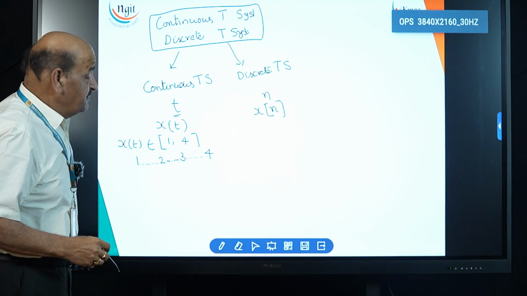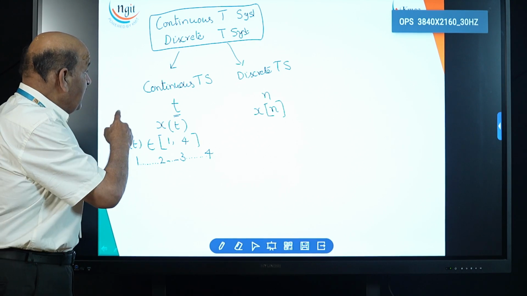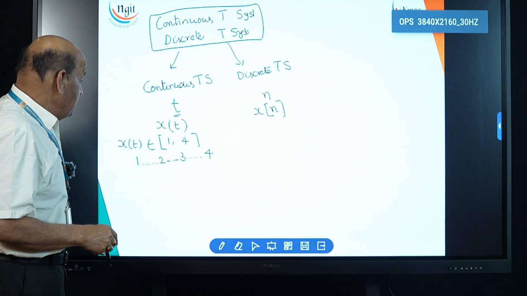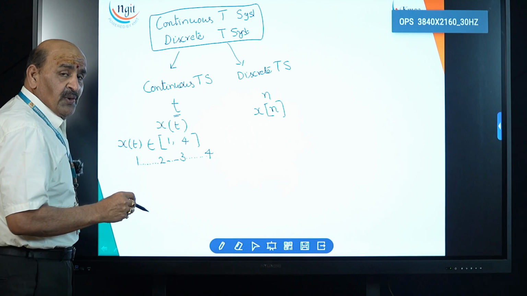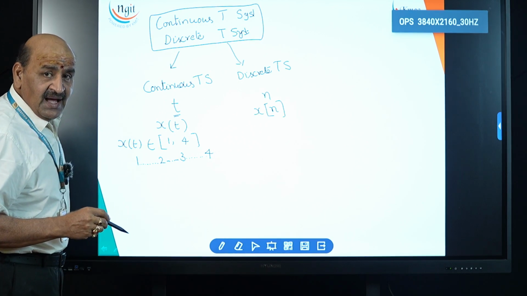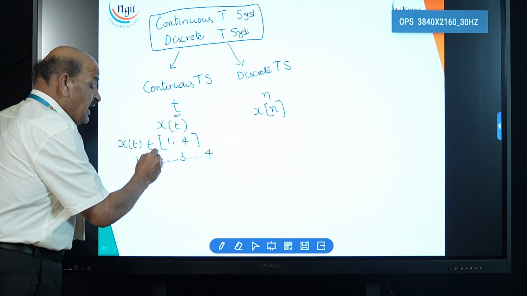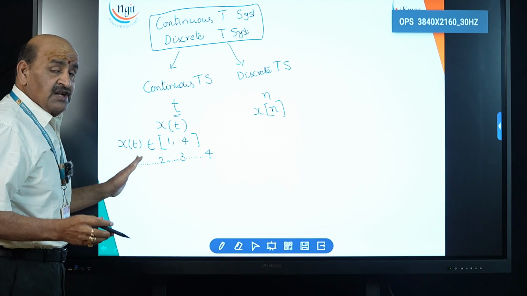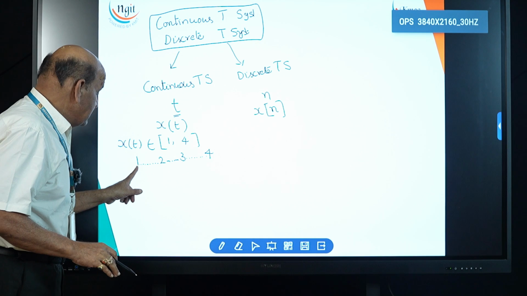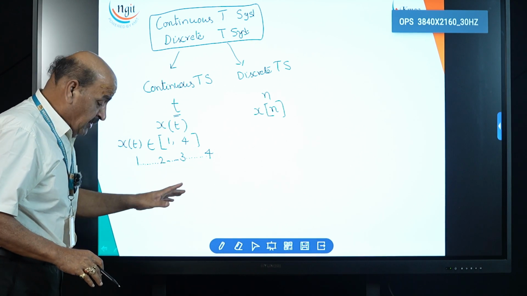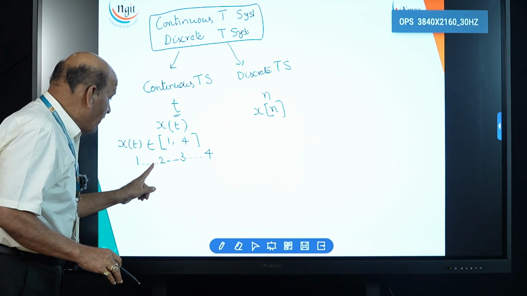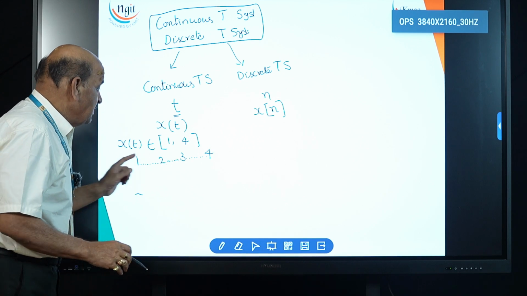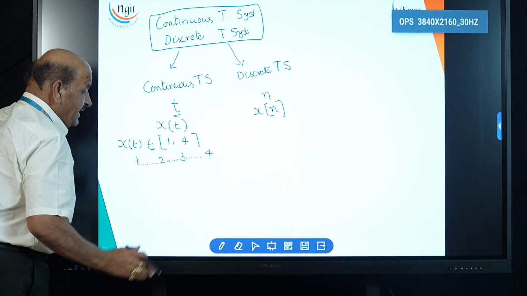This is the correct meaning of a continuous time signal. That's why we represent a continuous time signal in the form of a closed interval, for example 1 to 4. It not only considers the integers 1, 2, 3, 4, but also all the points between 1 and 2, 2 and 3, and 3 and 4.